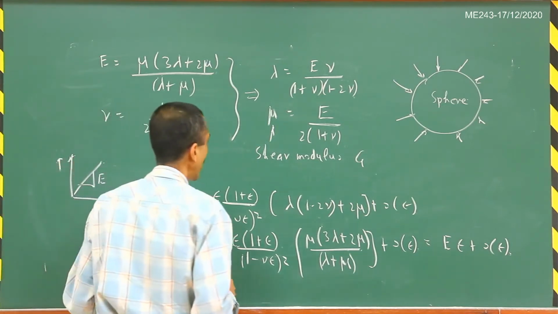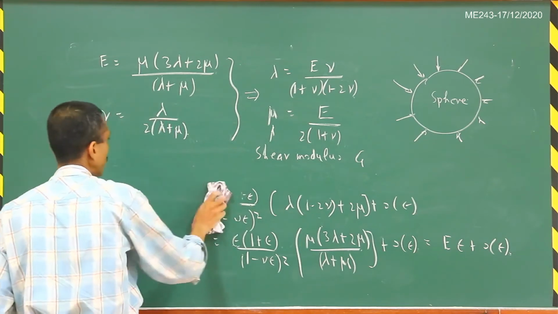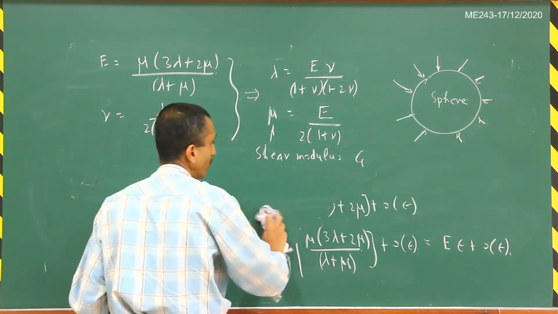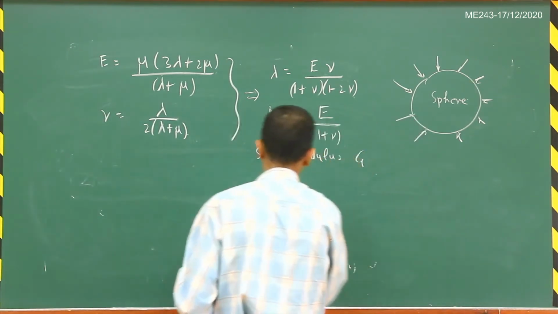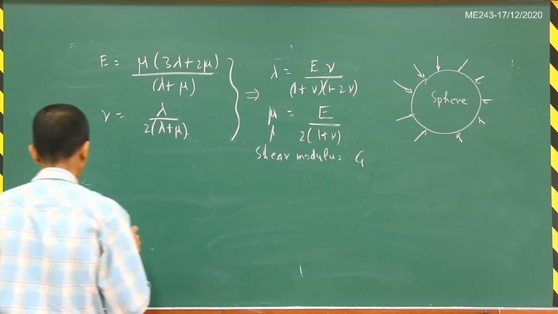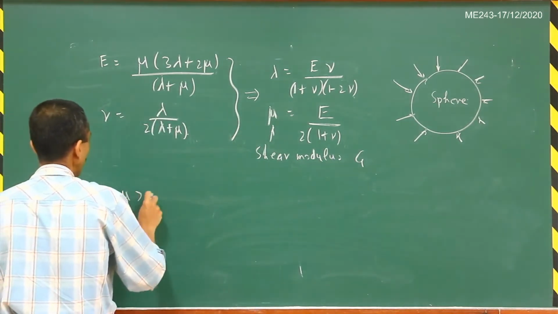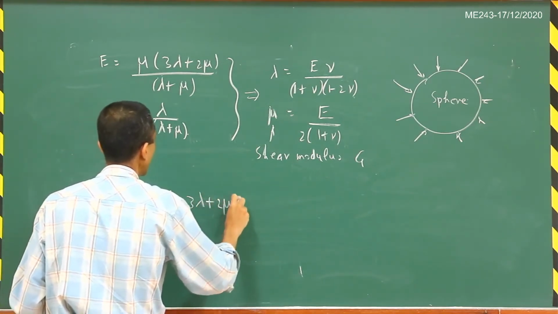And now we can deduce bounds on E and mu from the bounds on lambda. So let us do that. We now have that mu greater than 0, and 3 lambda plus 2 mu greater than 0.